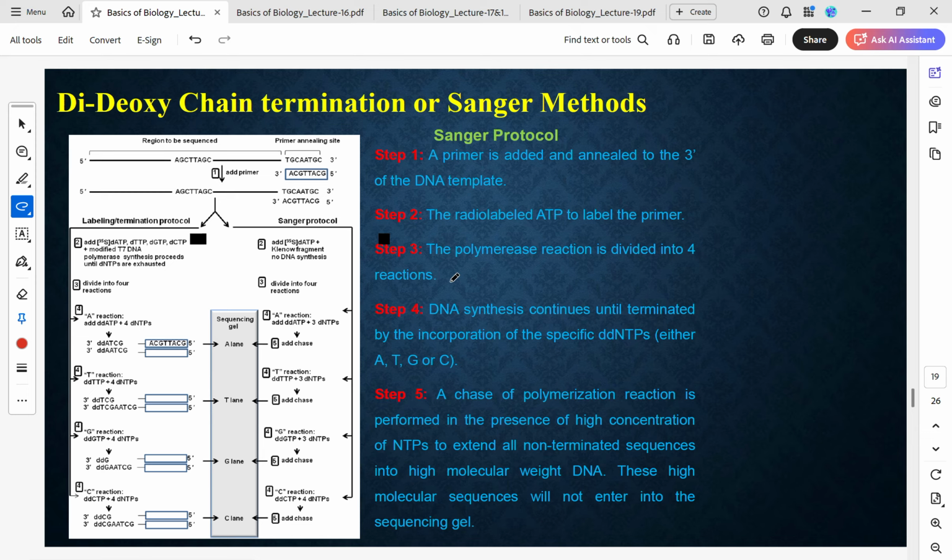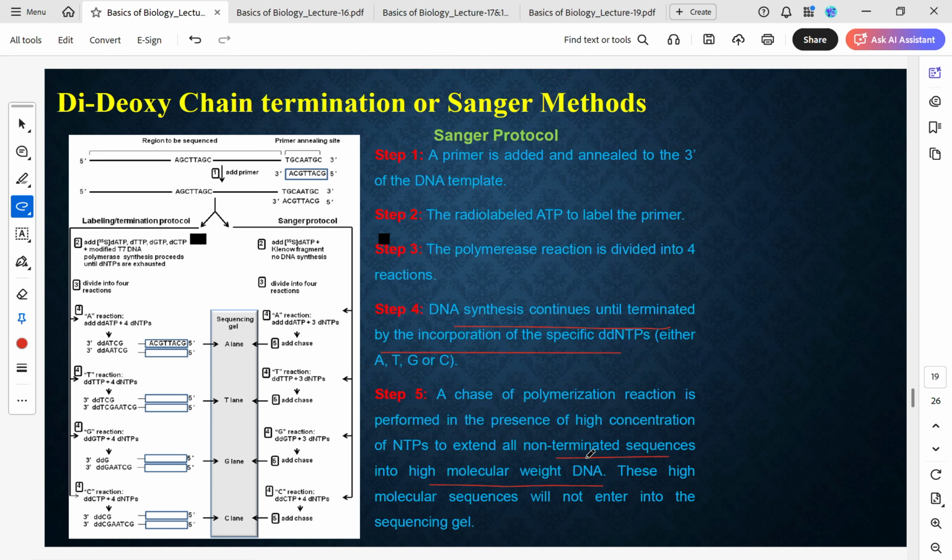Then the polymerase chain reaction is divided into 4 reactions. DNA synthesis continues until it is terminated by incorporation of specific ddNTPs, either A, T, G or C, and then the reaction is performed in the presence of a high concentration of dNTPs to extend all the non-terminated sequences into high molecular weight DNA.